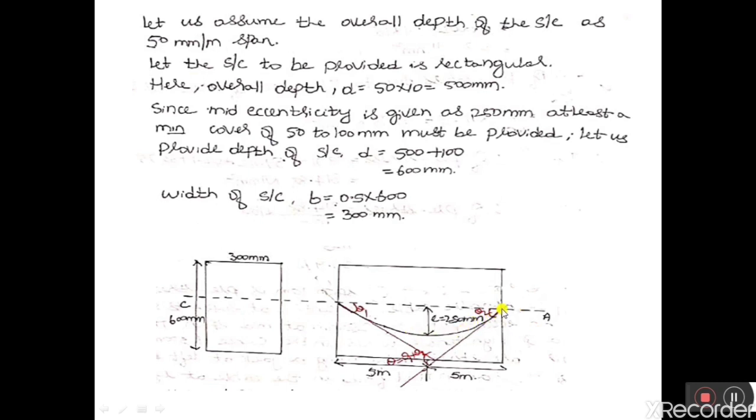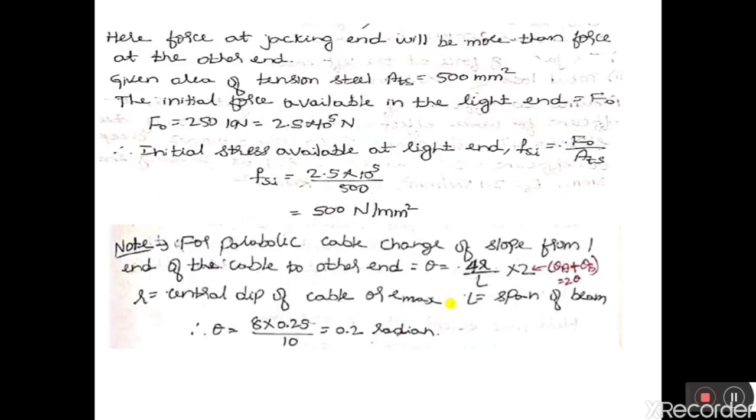So if friction loss is added to this 500, then I will get the initial stress at left end. So first what I should do is calculate the loss of stress due to friction. I know the formula to calculate the friction loss. The formula is Fsi into mu theta plus Kx.